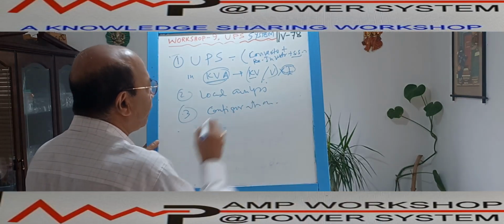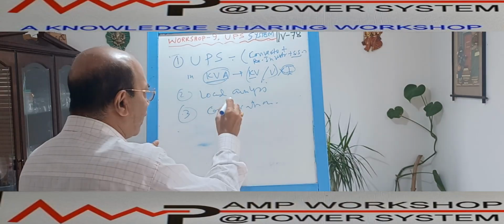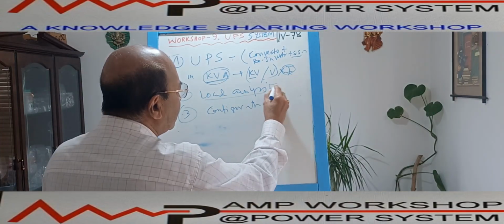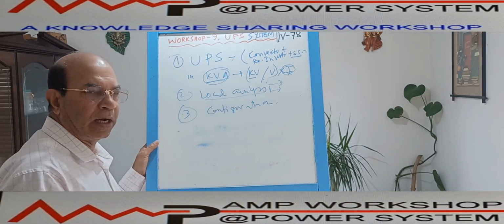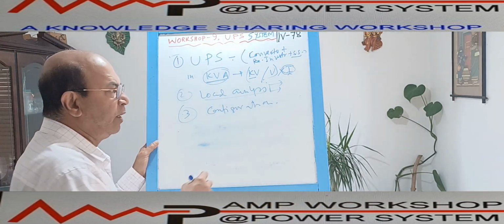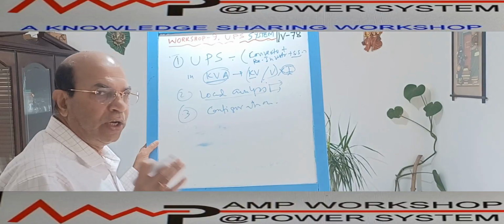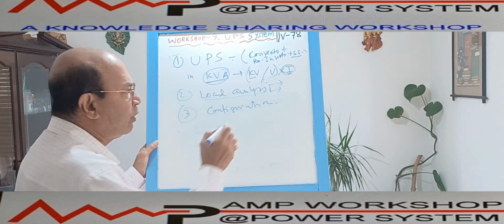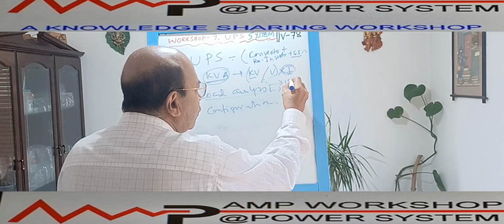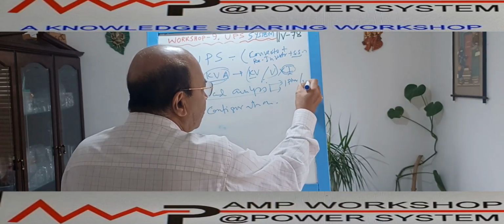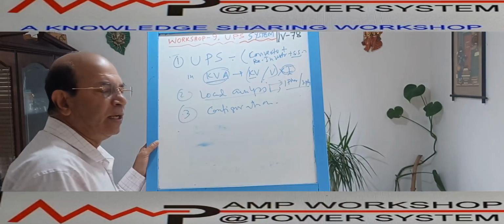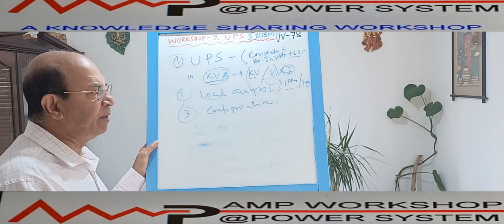And the fourth part: when we are doing the load analysis, it is not only the load analysis as we discussed just before. In addition, we need to identify whether these loads are single-phase or three-phase loads. Based on that, UPS sizing is dependent.